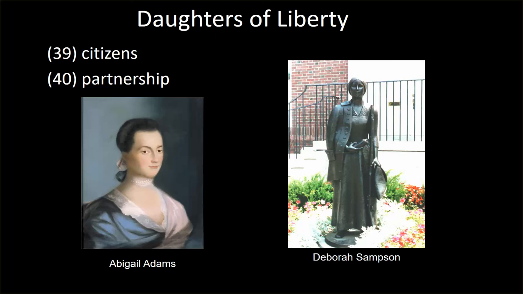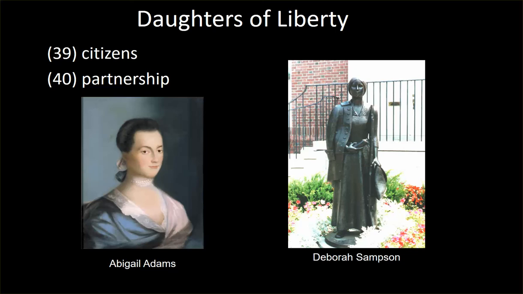At home, women are debating politics and independence. John Adams' wife, Abigail, was a really shrewd political analyst. She was also one of the most articulate and influential women of this era.